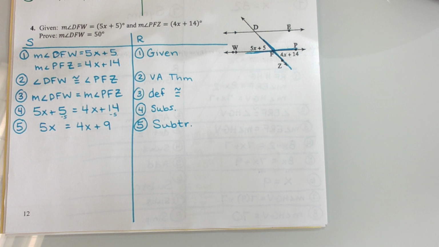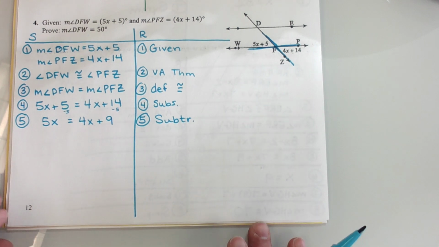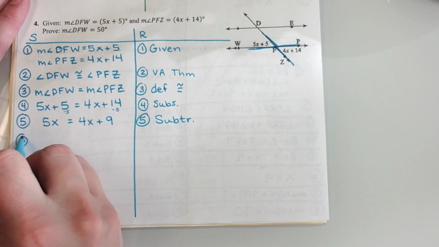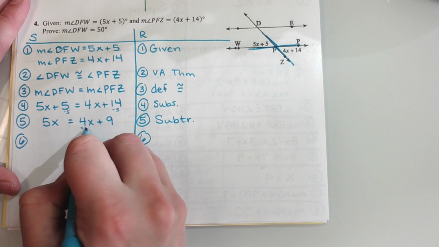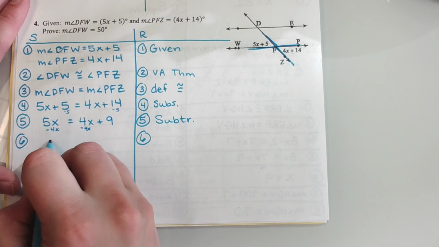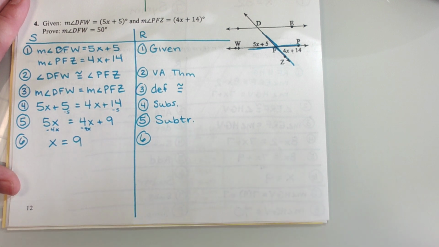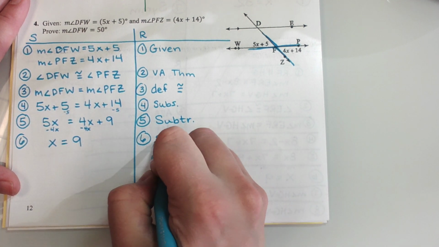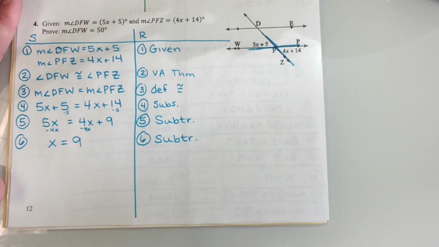Piper, what should come next? Subtract the 4x. I don't know who taught y'all to move the numbers before the x's, but y'all do that a lot. It works. But it's gonna mess with things in certain types of problems.